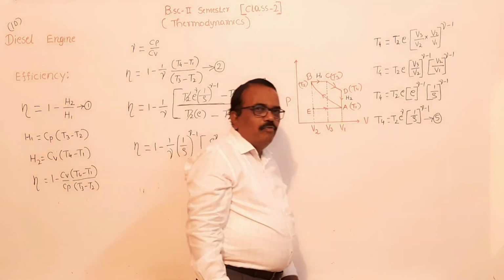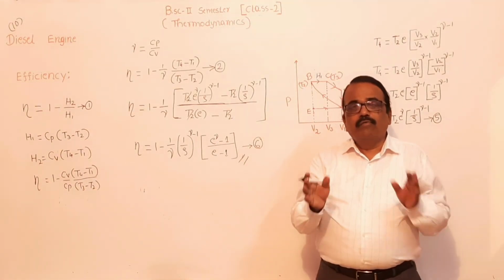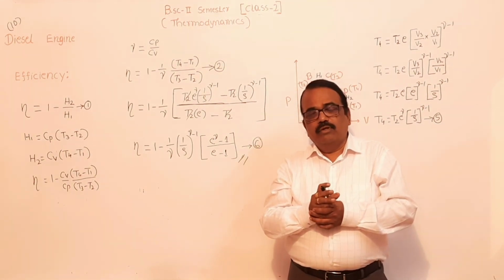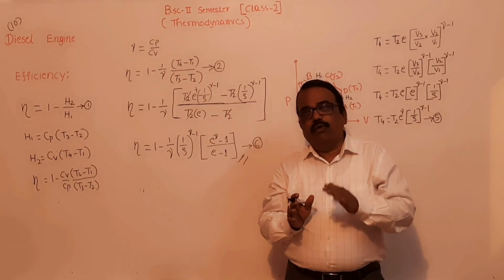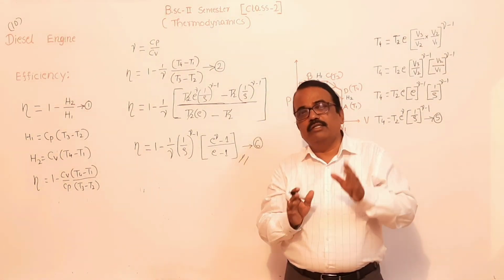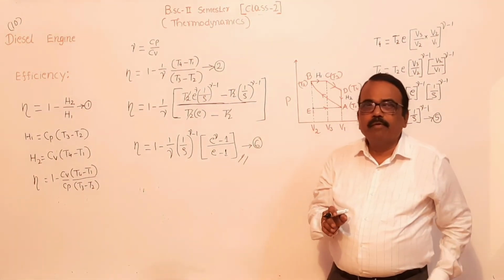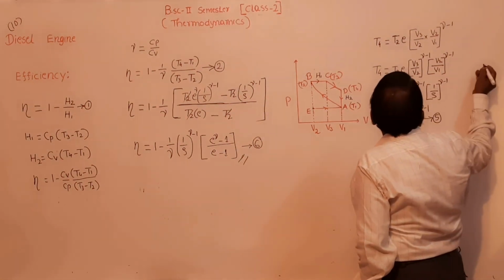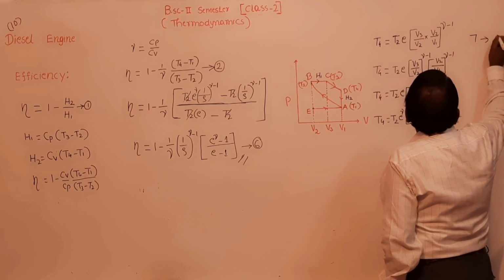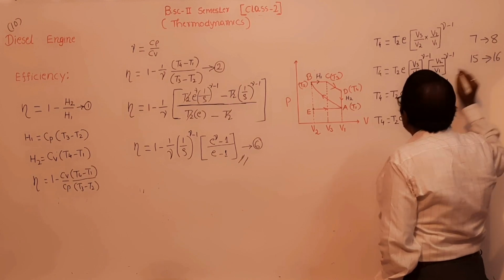This is the expression for efficiency in the case of diesel engine for the same compression ratio. The efficiency of Otto engine is more than the efficiency of the diesel engine. But in practice, the compression ratio of Otto engine is 7 to 8 and diesel engine is 15 to 16.